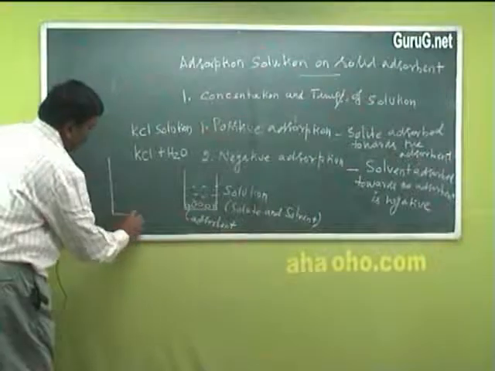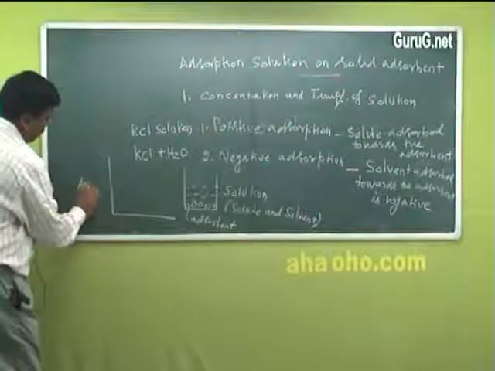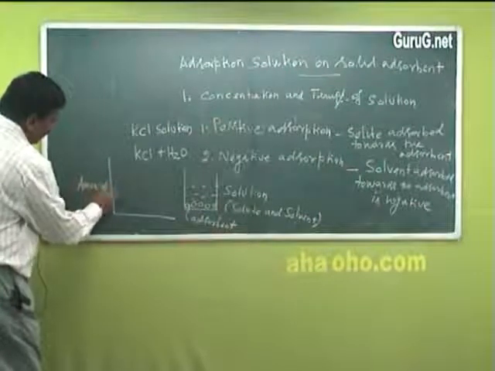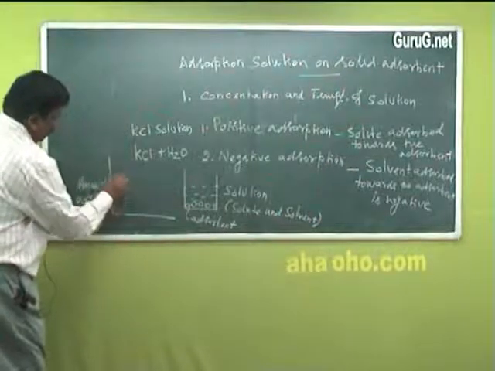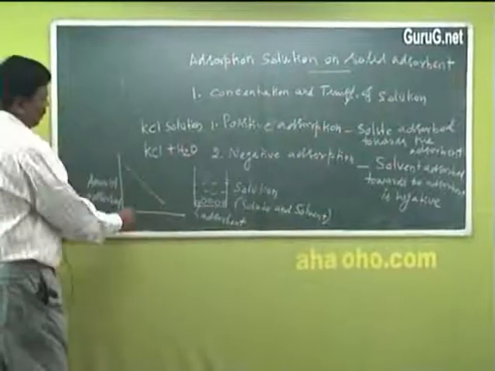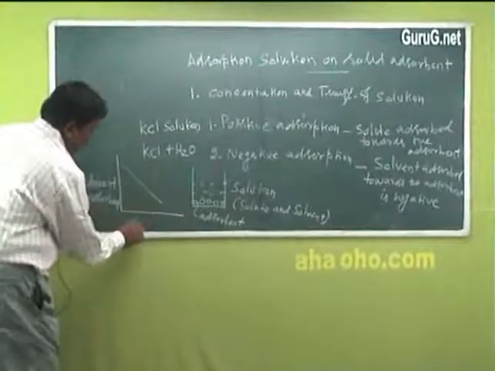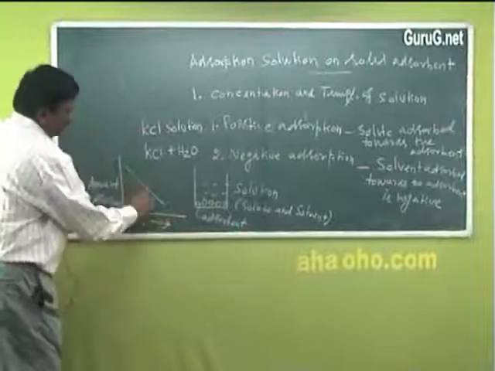For the graph, amount adsorbed for positive adsorption: KCl concentration decreases, C decreases.